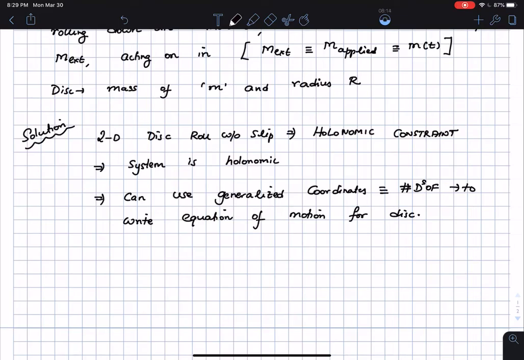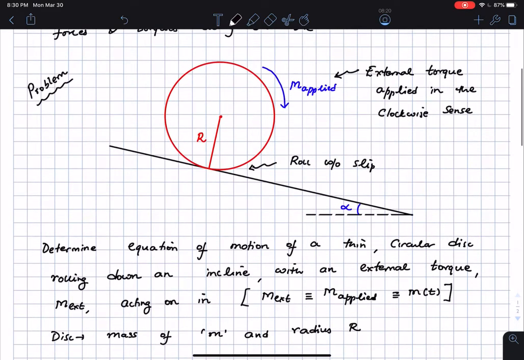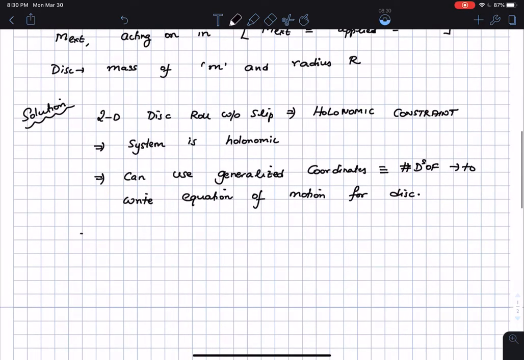Okay, and once again we are not going to go into the details of this, but we can see that one of the generalized coordinates that can be used is the angle theta for the rotation. So I'm going to call that theta here. This is drawn in the following sense. So this is theta of t. So the angle theta can be used as a generalized coordinate.